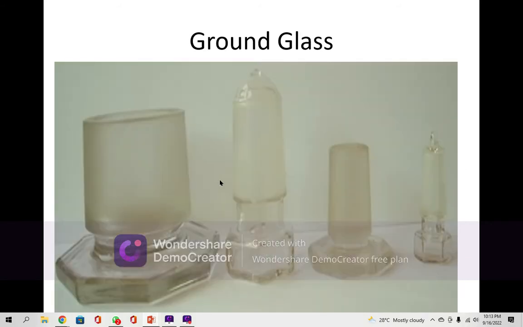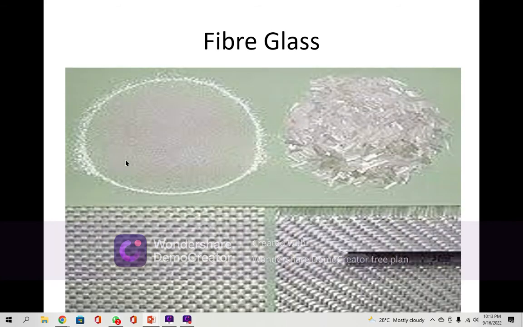Or it may be a ground glass appearance, with very small, pointed particles in the glass. So there is no network seen in this.